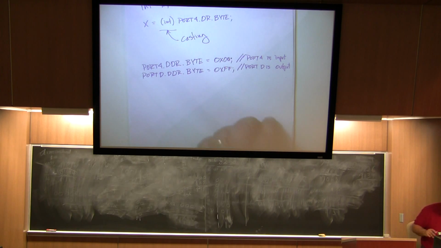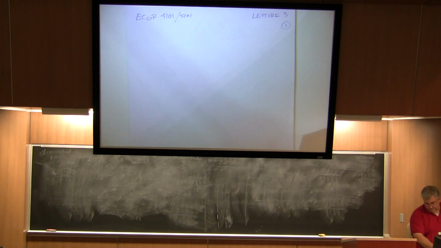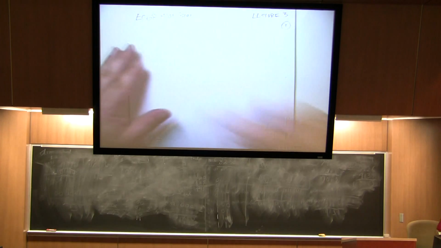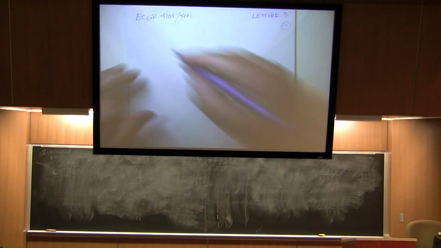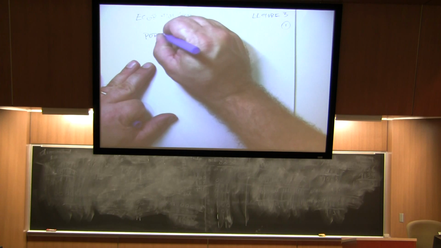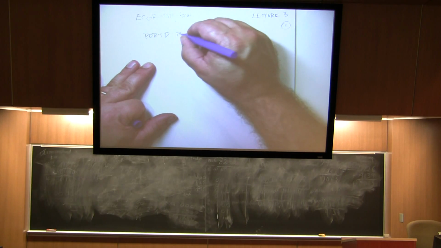So in our example, what I'd like to point out is, hardware-wise, what would this look like? Well, we said port D was what? Output, right? So port D is an output.